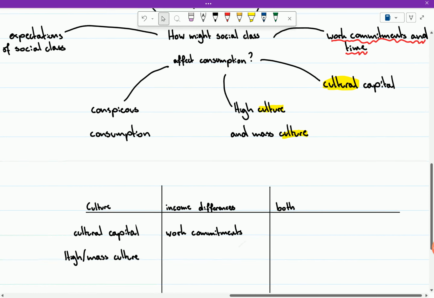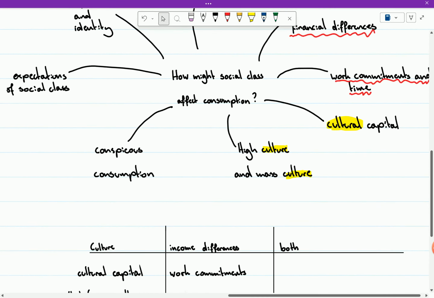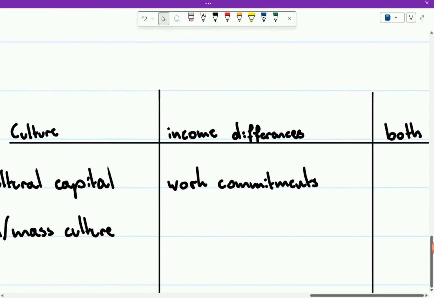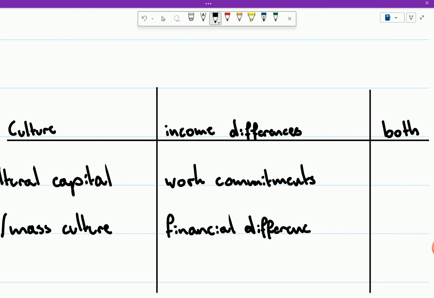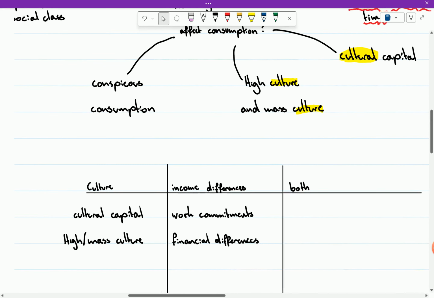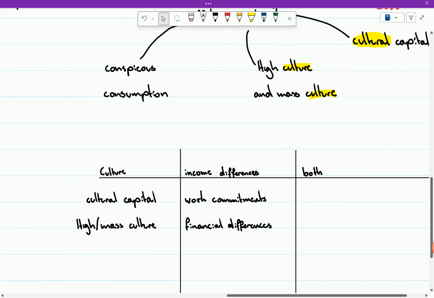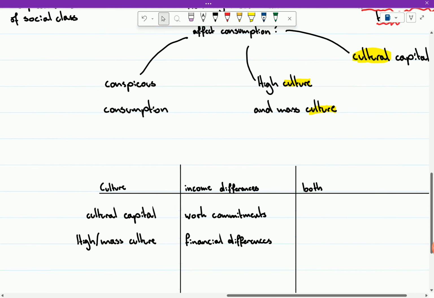Now, if you were to also write financial differences here, it might be difficult for you to really separate the points of work commitments and financial differences.